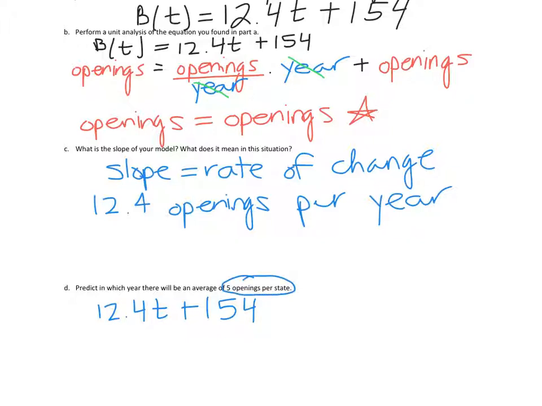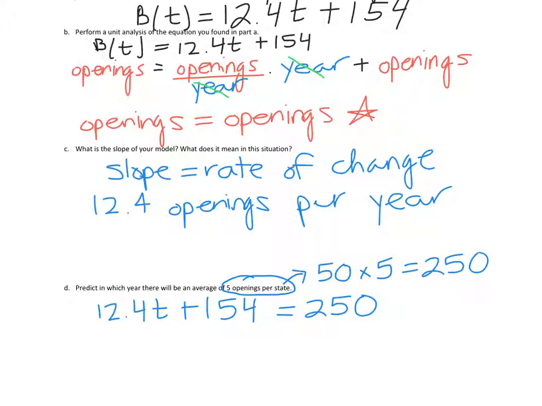Okay, so we have 50 states. So 5 openings per state would be 250. So we want to know when our linear model is going to have an average of 5 openings per state, or 250.